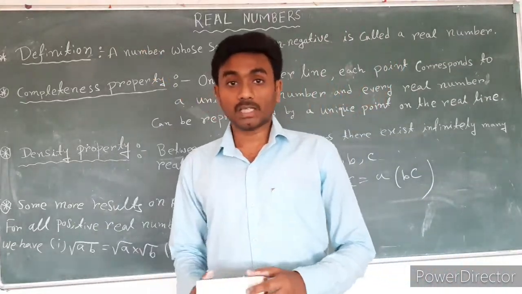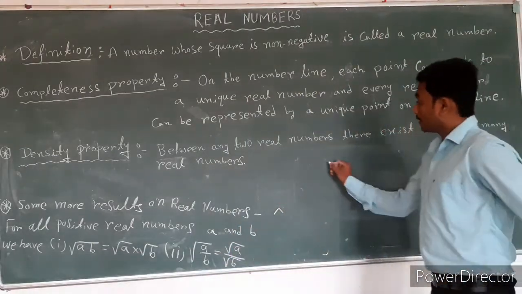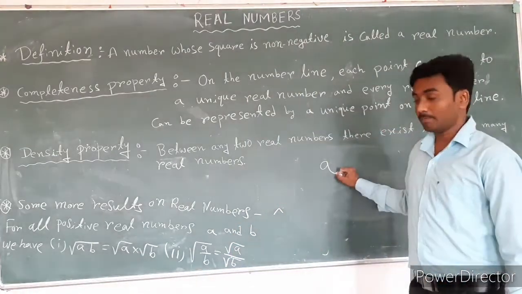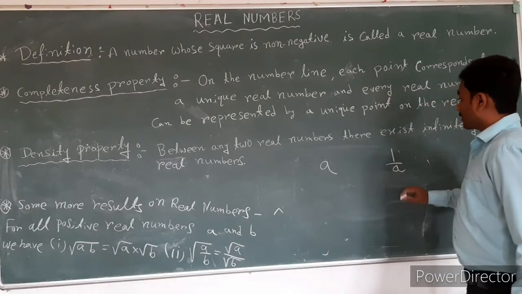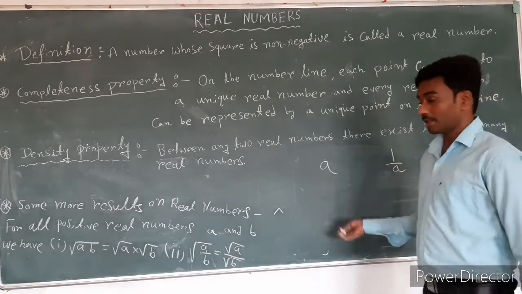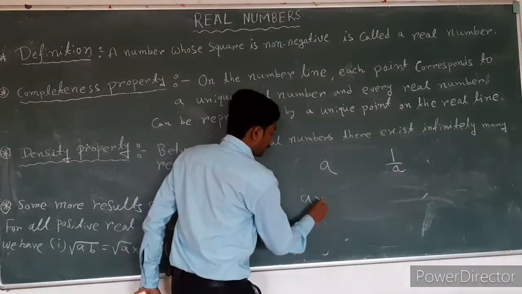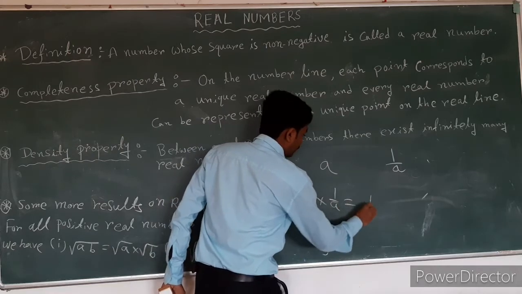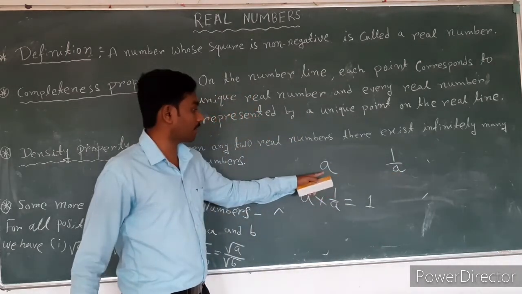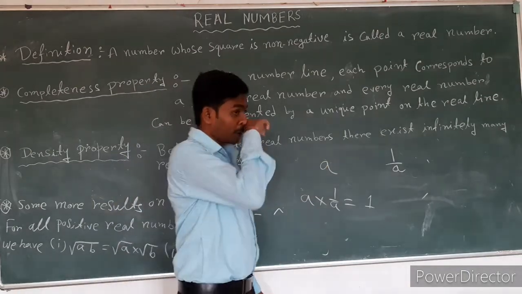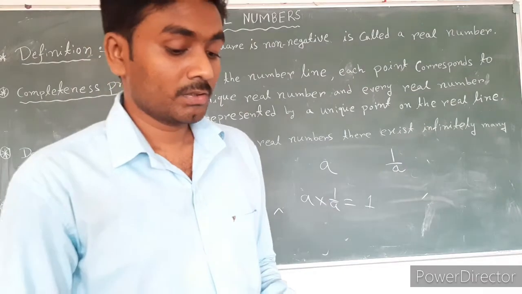Existence of multiplicative inverse: if a is any real number, then 1 by a is another real number such that a into 1 by a is equal to 1. Then 1 by a is the multiplicative inverse of a. Also we know that 0 has no multiplicative inverse.